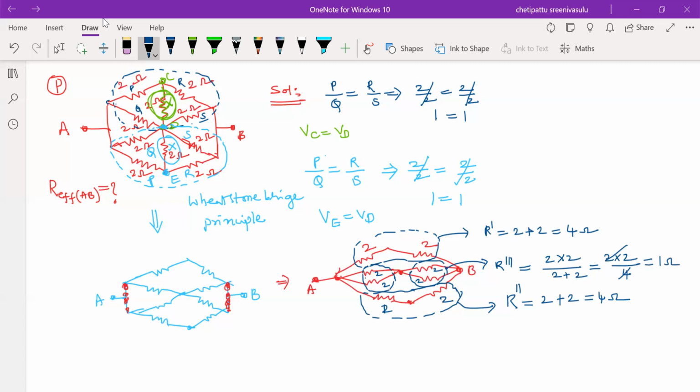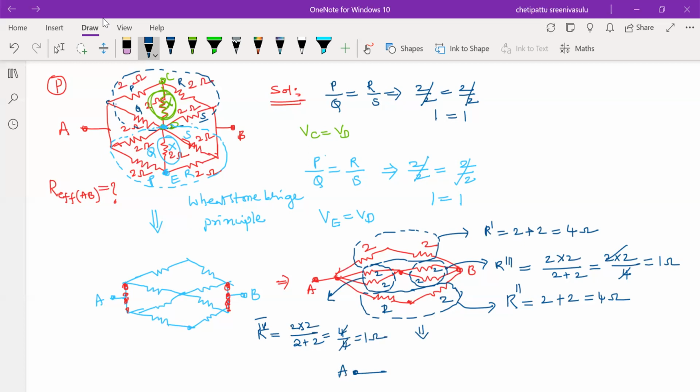Now for this circuit also, effective resistance, parallel combination, R power 4 you can take. So this will be the same, 2 into 2 upon 2 plus 2. It will be 4 upon 4. The value is 1 ohm.